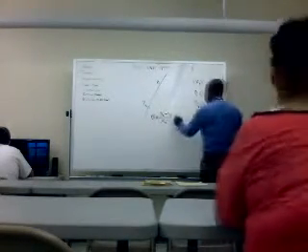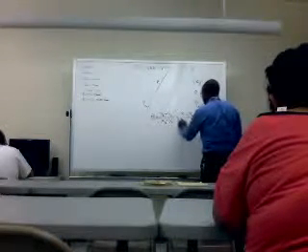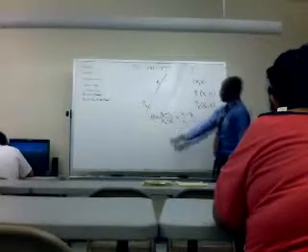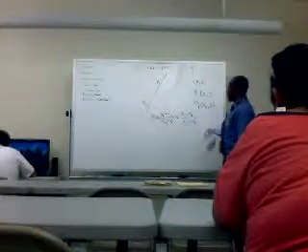It doesn't matter what order you subtract them in as long as you're consistent. Okay? So if I do y2 minus y1, then I have to do x2 minus x1. If I do y1 minus y2, I have to do x1 minus x2. So that's how we find the slope.